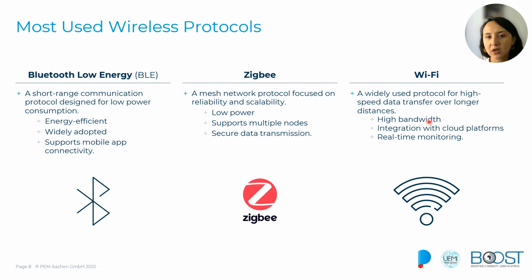And then we also have Wi-Fi that will offer a higher bandwidth and can cover larger distances, but is a little bit more demanding on the power requirements. So the energy consumption has to be managed very carefully. These are some of the solutions, but there are many other protocols that can be used to implement the wireless technology.